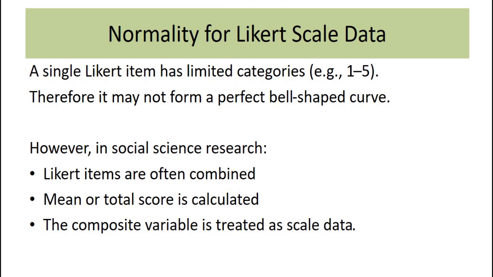We can combine these 3 or 4 questions, and after that we can check normality. Sometimes we can use the mean value for the added value. If I have added 4 variables, I can take the mean for checking normality. So a composite variable is treated as scale data.